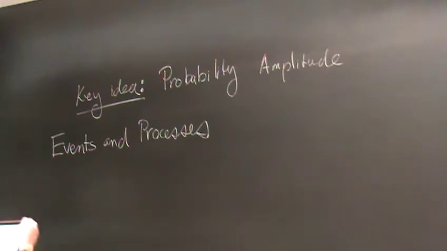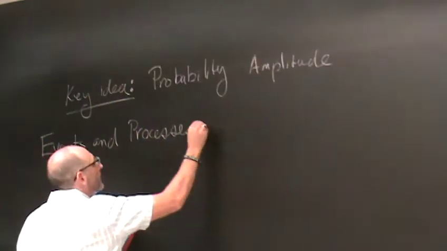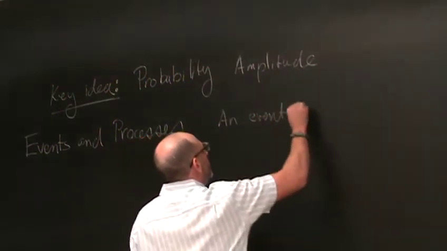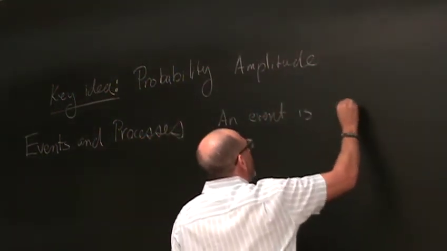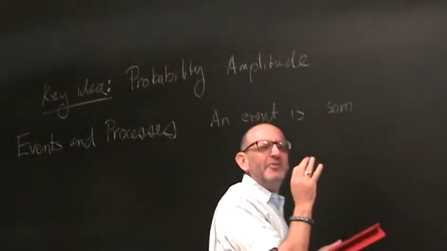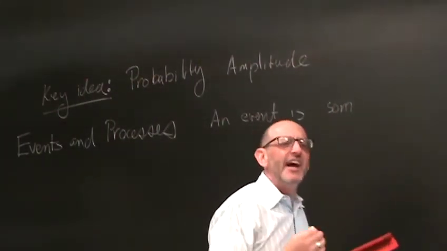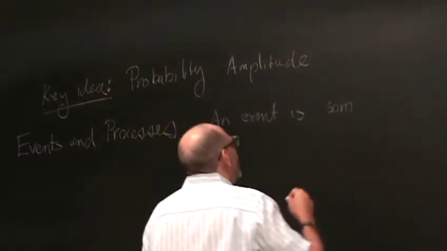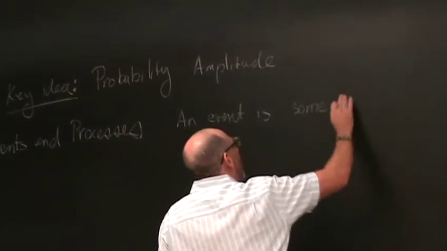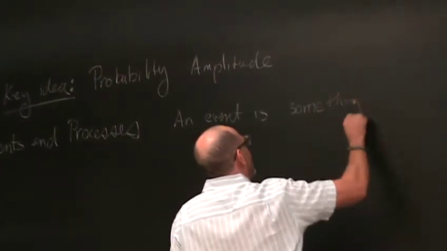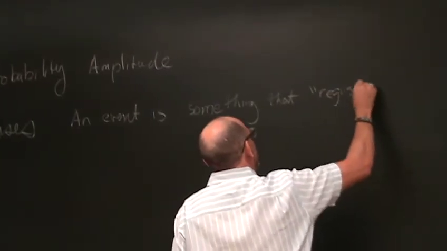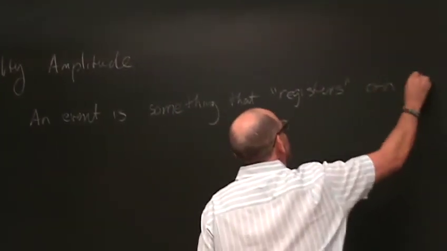Well, what I mean by an event is, and this is pretty hand-wavy, I'll have to try to make this more precise in a little bit, something that registers on a detector.